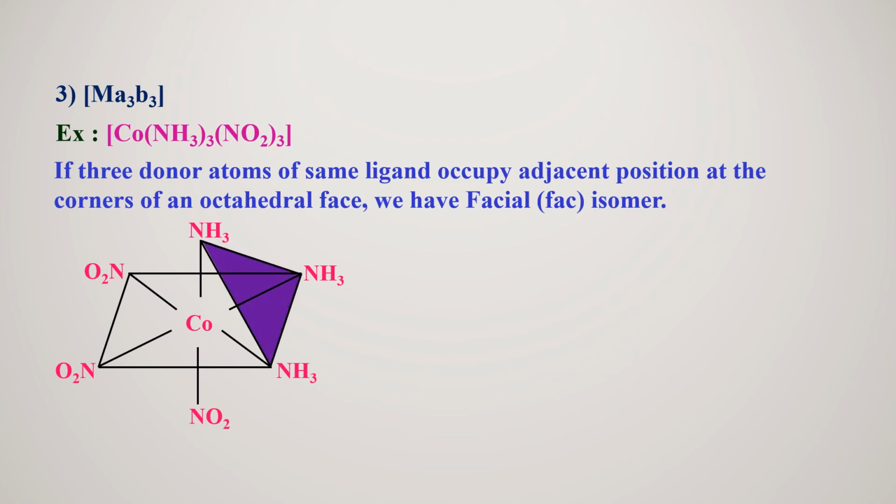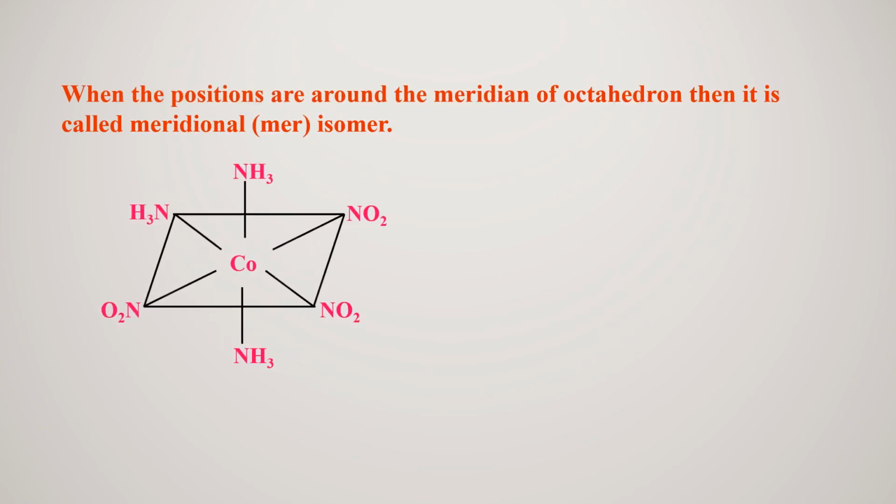See the face now, this is one face and this is another face. So these are called facial isomers. If it is a different arrangement, now see the ammonia ligands are on opposite sides here, and the nitro ligands are also not on the same face, then it is called the meridional isomer, and the phenomenon we will call meridional isomerism.